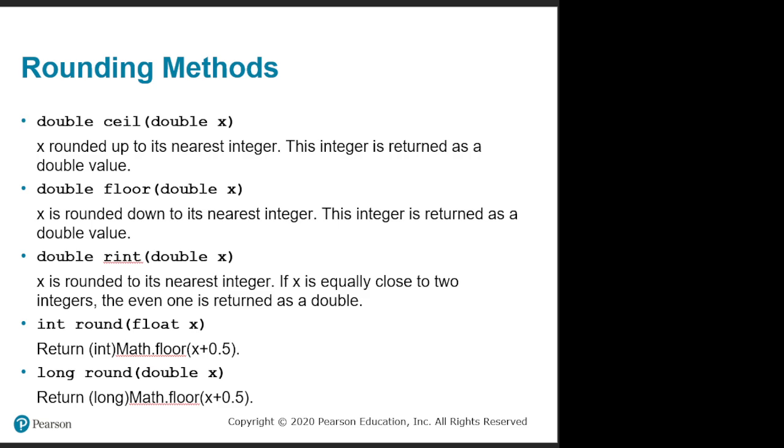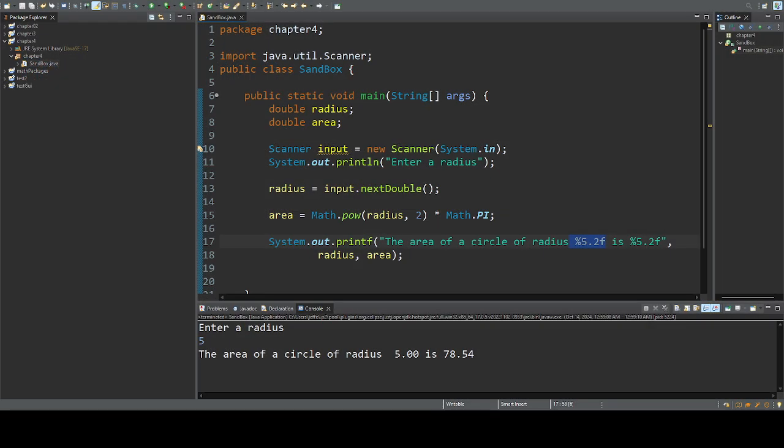So I'm going to go back to my sandbox here. We're going to input a double and we're going to use the ceiling feature on it. So let me input number 1 and we'll output the number 2 for right now. And so I'll come down here, this will be number 1.